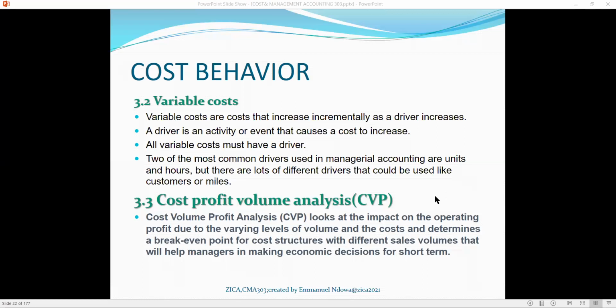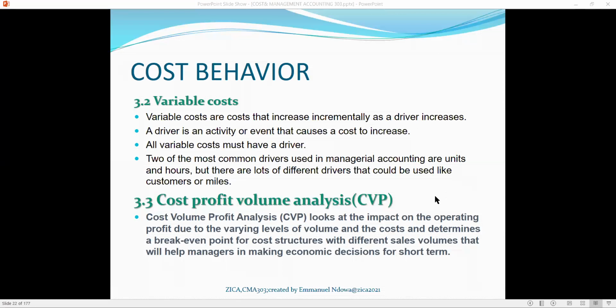You need to reckon that the fixed costs do not change with the volume, they do not change with the level of activity. That's the reason why they run parallel with the x-axis.